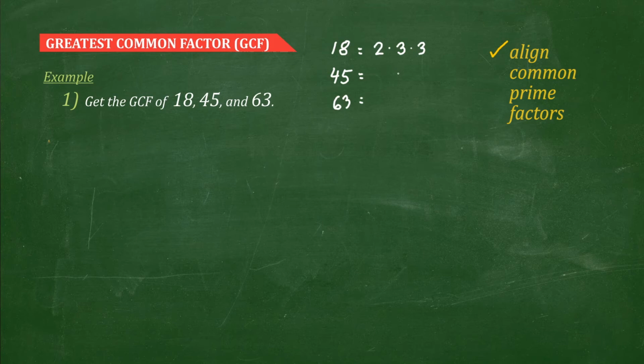But, as we said, let's align common prime factors, so put 3 here, aligned to the 3 on the upper row. 45 divided by 3 is 15. 15 is divisible by 3. Again, write 3 here, aligned with the 3 on top. 15 divided by 3 is 5, which is already prime, therefore, write 5, but on a separate column this time. So, for 45, we have the factors 3, 3, and 5.